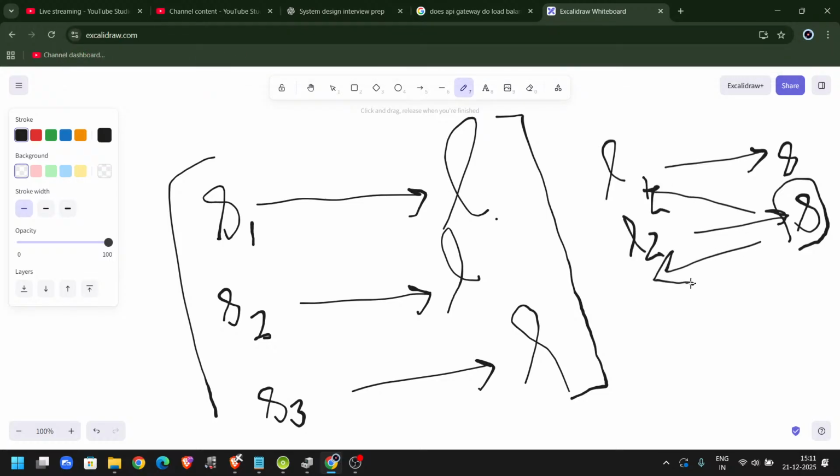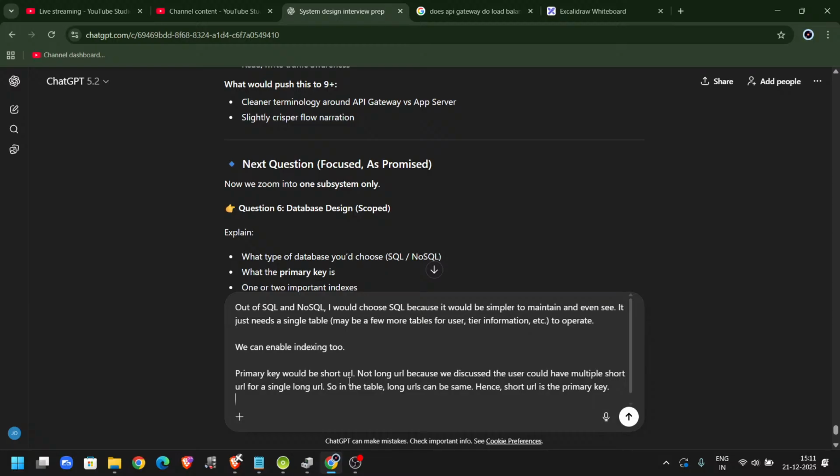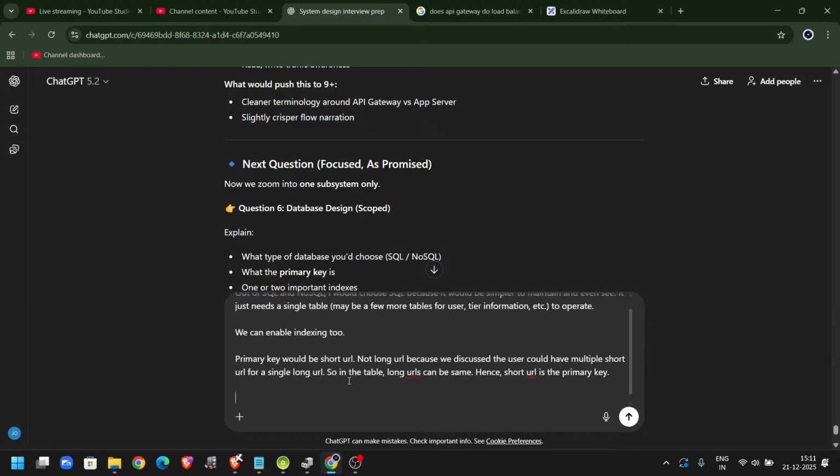That's a conflict. Hence, short URL is the primary key.